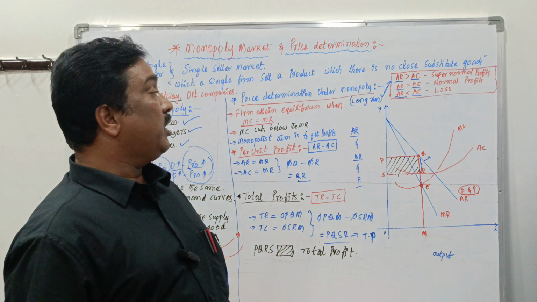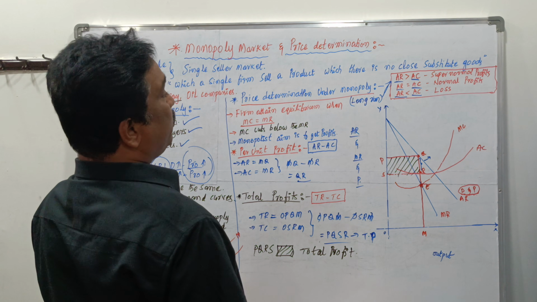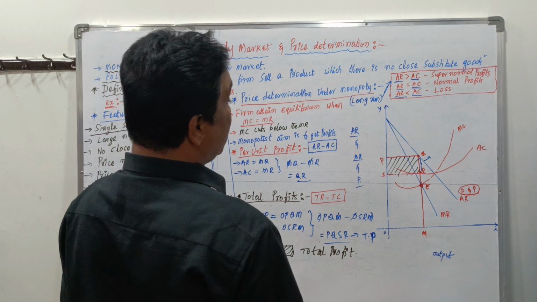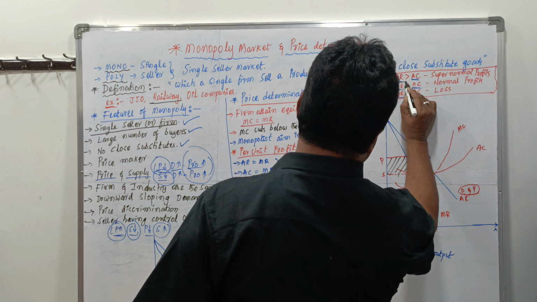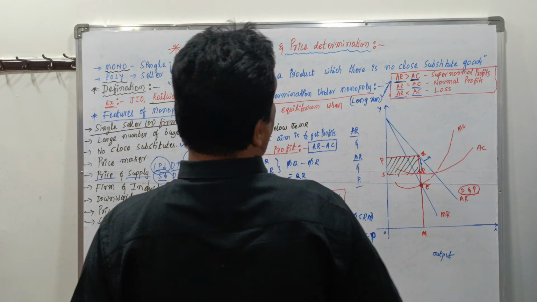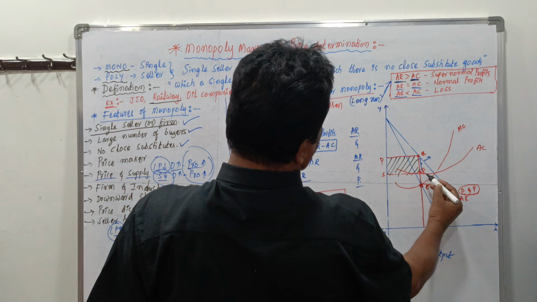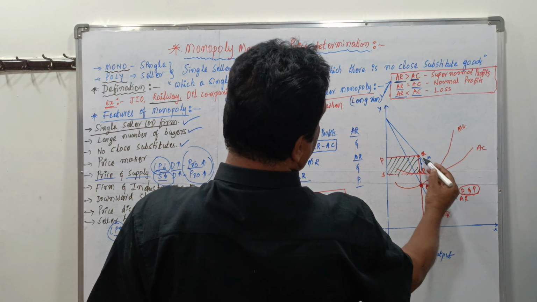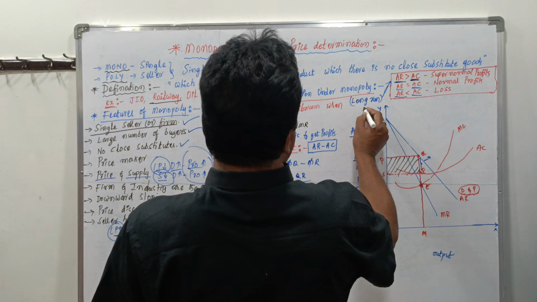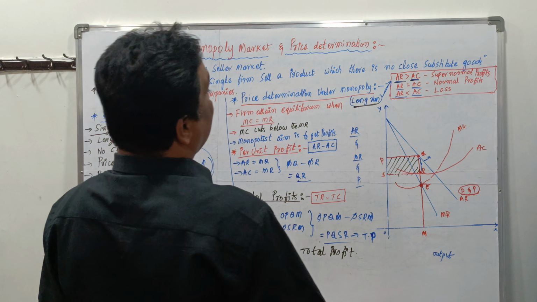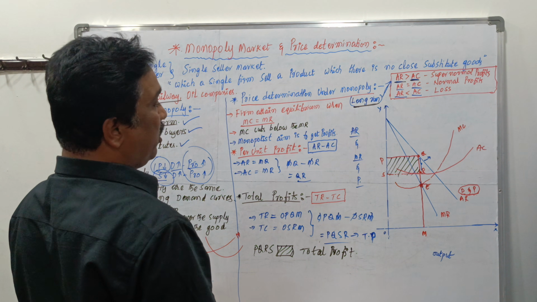We can prove that in the long run in the monopoly market, the producer gets supernormal profits, when AR is greater than AC. Here the average cost is below the average revenue curve. That's why during the long period in the monopoly market, the producer gets supernormal profits.